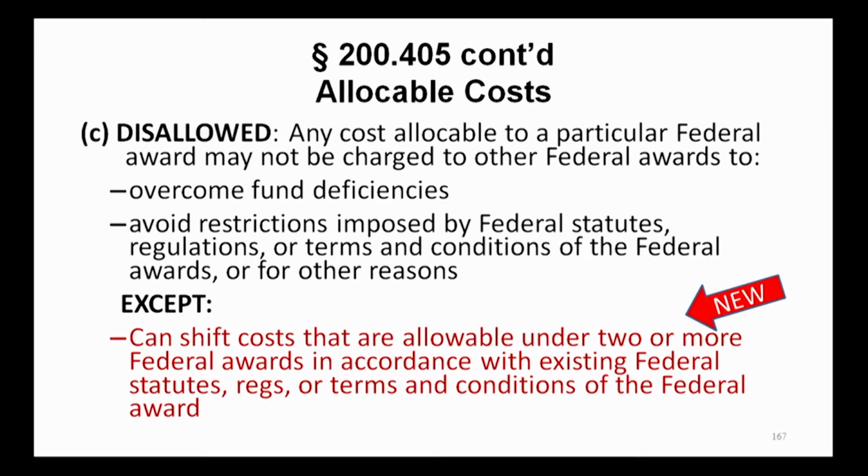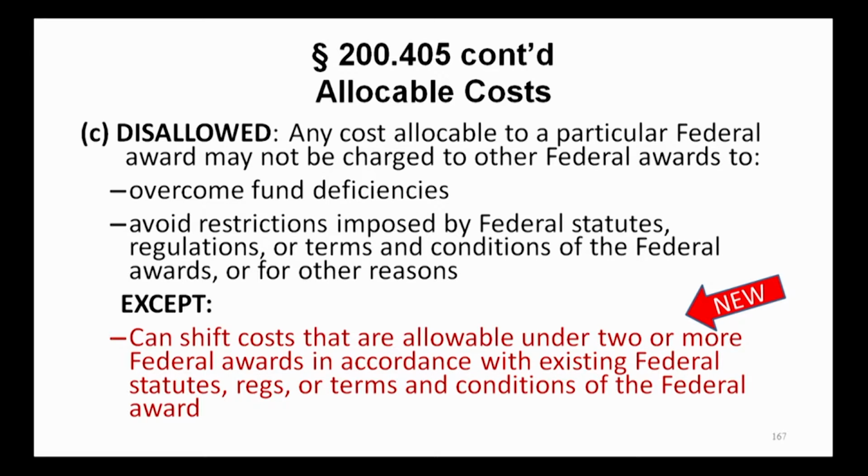But here's now this exception, which is kind of interesting. It says we can shift costs that are allowable under 2 or more federal awards in accordance with existing federal statutes, regs, or terms and conditions of the federal award.